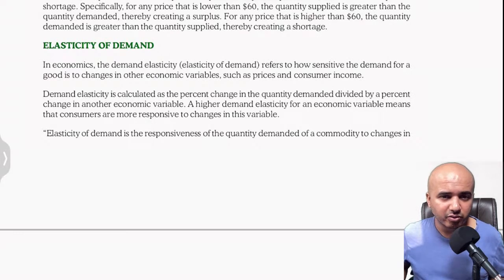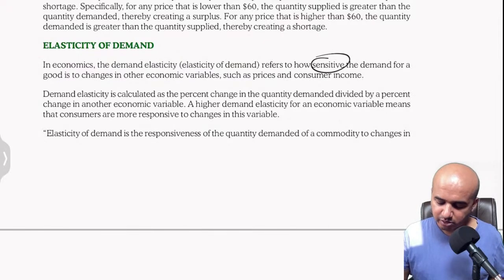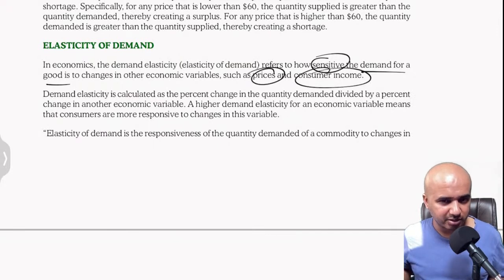So in this topic, what will we learn? We'll try to understand the degree of responsiveness. That means how is the market responding to this particular change in the demand. The demand elasticity or elasticity of demand, however you wish to call it, refers to how sensitive the demand for a good is to changes in other economic variables such as prices and consumer income.